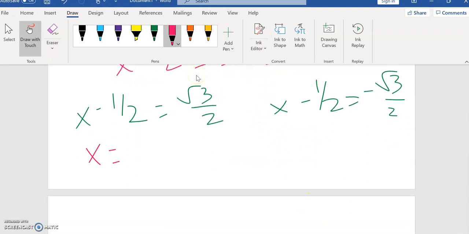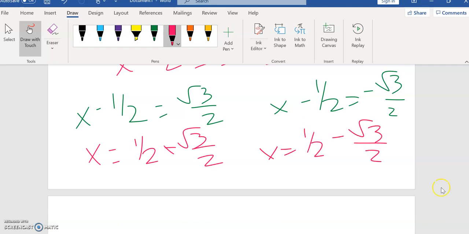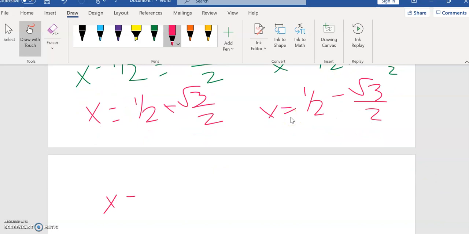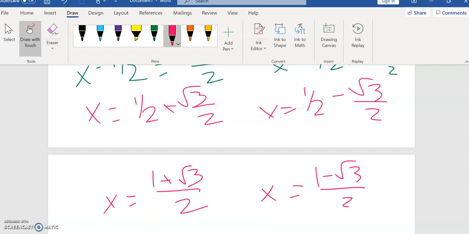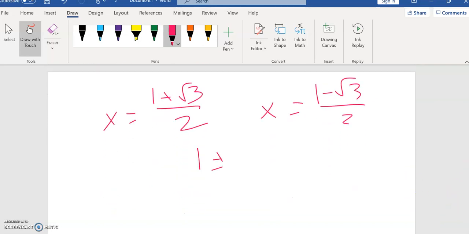So I get 1/2 plus the square root of 3 over 2, and over here 1/2 minus the square root of 3 over 2. Or I can clean this up a little bit. This is 1 plus the square root of 3 over 2. This is 1 minus the square root of 3 over 2. And often we'll see this written as 1 plus or minus the square root of 3 over 2.